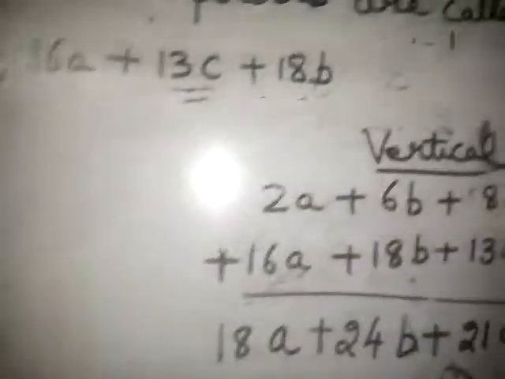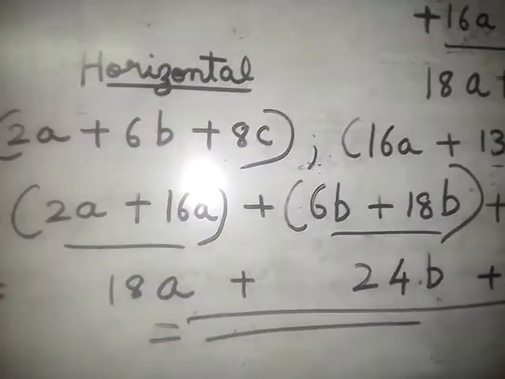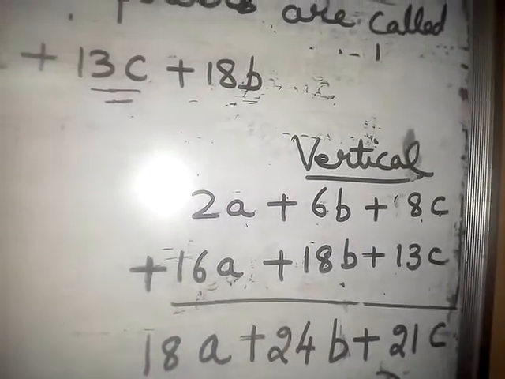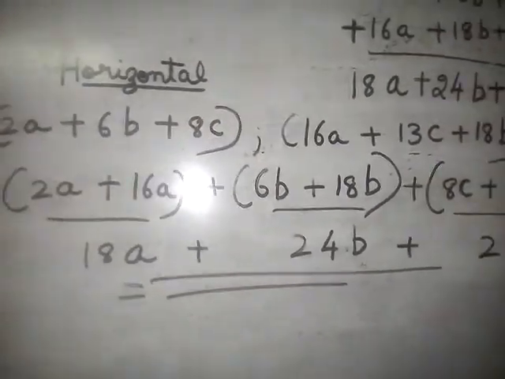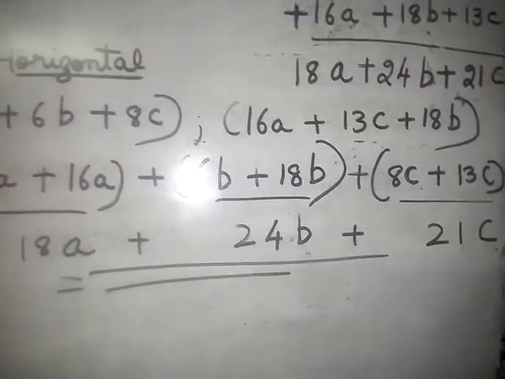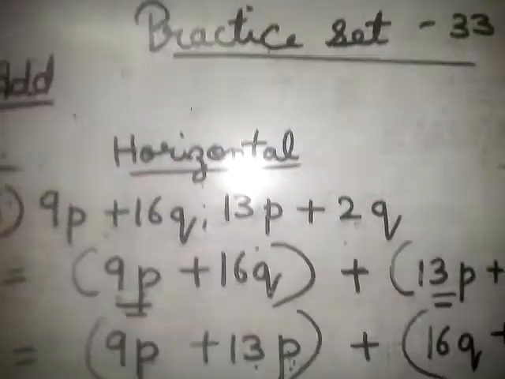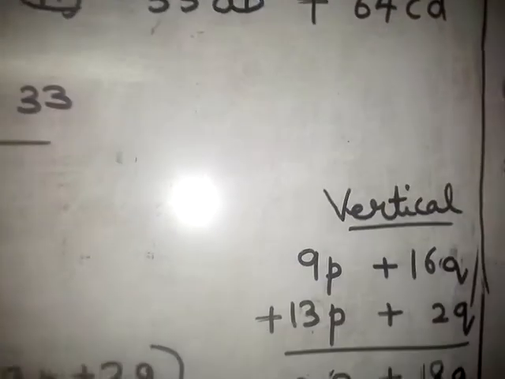When you do both vertical and horizontal arrangement, your answer should be the same. Check that. See in horizontal arrangement, is your answer the same or not? Yes, your answer is the same. And see the first one also. Check it. In horizontal and vertical arrangement, your answer should be the same.